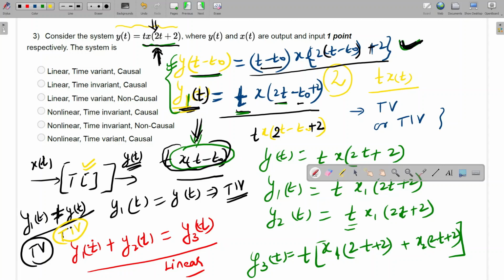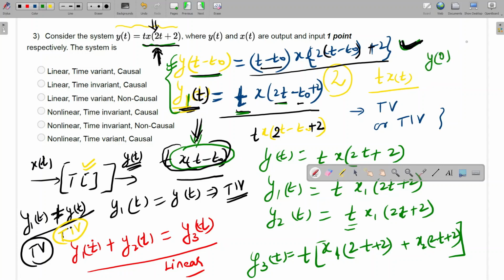Will it be causal or non-causal? Can anyone tell? Can anyone reply, we already discussed this in the last question. Causal, sir. Okay. No, no. How are you telling that it is causal? See, I am taking y of 0.